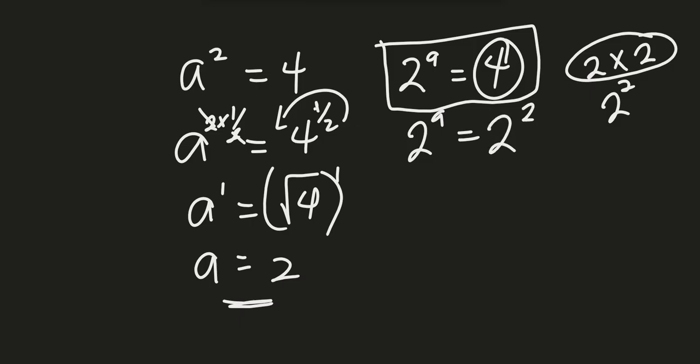So the difference between this and this is balancing this part, which is 2 raised by a equals 4, and then you balance it here. So 2 cancels 2 and a equals 2. This is a very important part of indices where students need to know how to apply both scenarios. When an alphabet holds a number, you should always multiply by the inverse of that number on both sides.